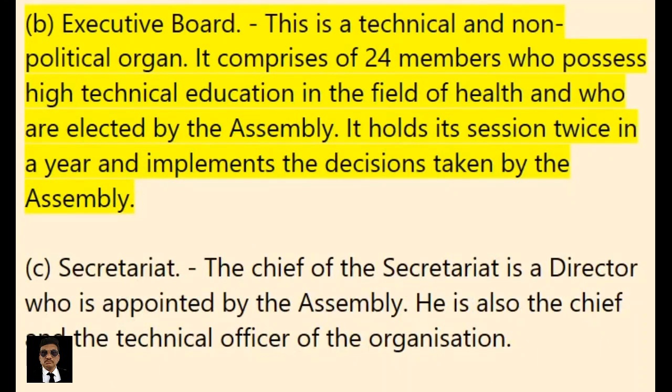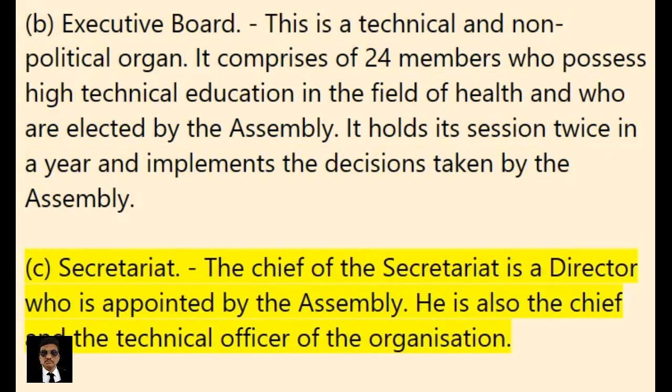B. Executive Board. This is a technical and non-political organ. It comprises 24 members who possess high technical education in the field of health and who are elected by the Assembly. It holds its session twice in a year and implements the decisions taken by the Assembly.